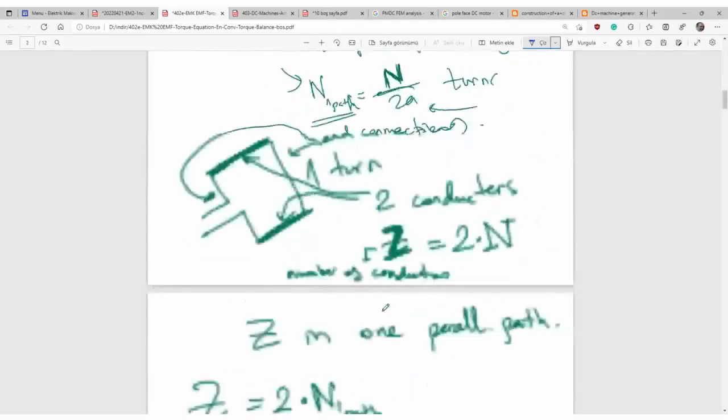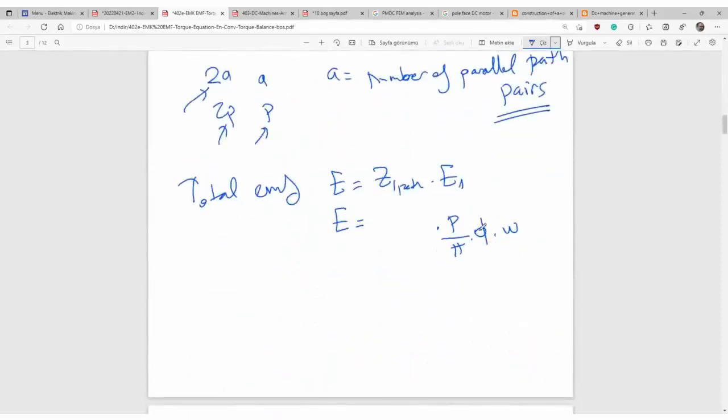Okay, here I have copied. Now, I wonder what the number of conductors in only one path is.